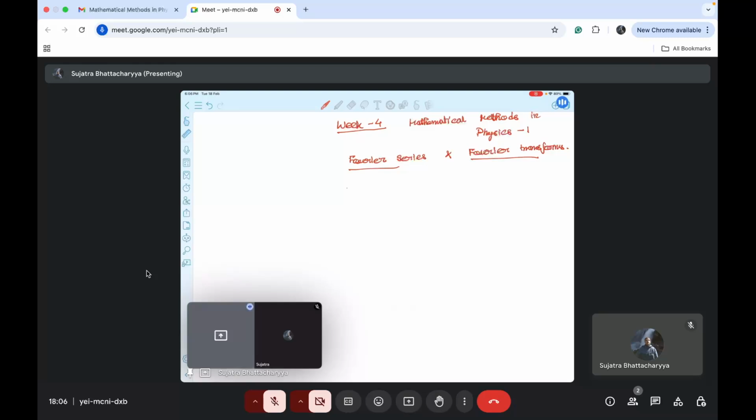So initially, a very little about simple harmonic motion. This is the first thing.